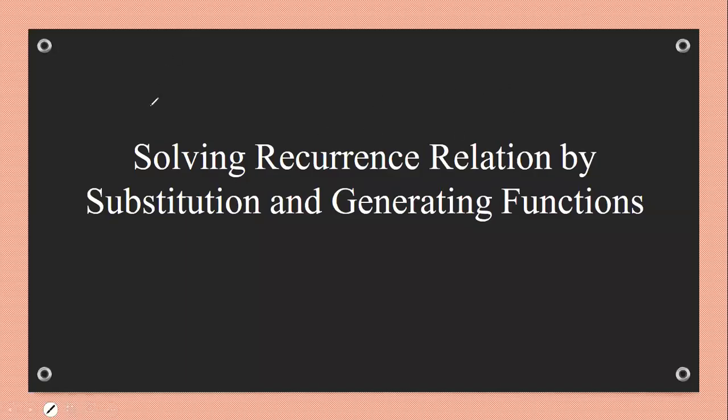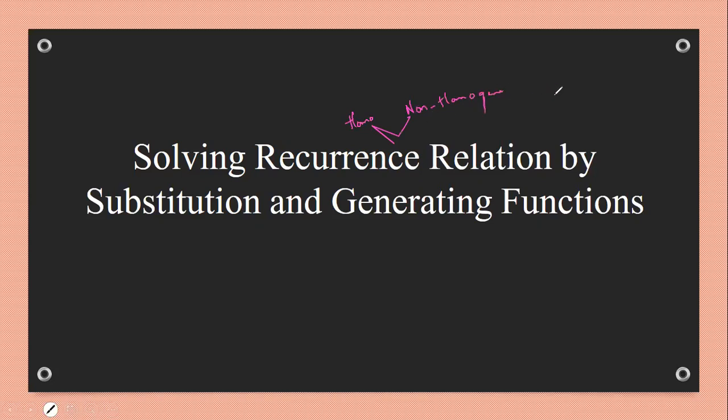Good morning. In today's class, we will summarize whatever kind of recurrence relations we have studied in the earlier lectures. Whenever we have to solve recurrence relations, they may be homogeneous or non-homogeneous, so we know the two types: the homogeneous and the non-homogeneous.